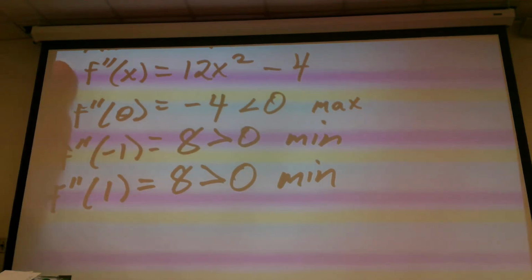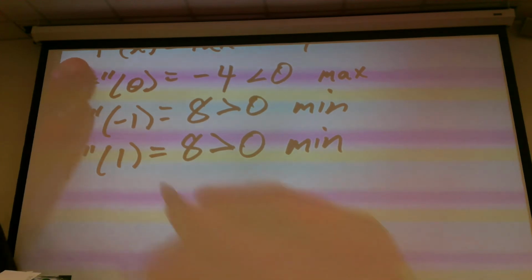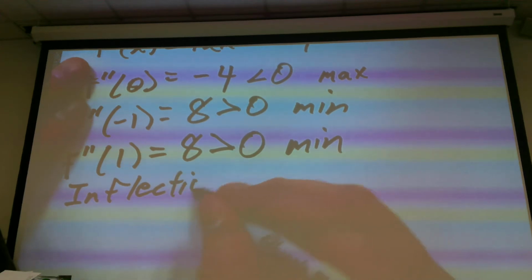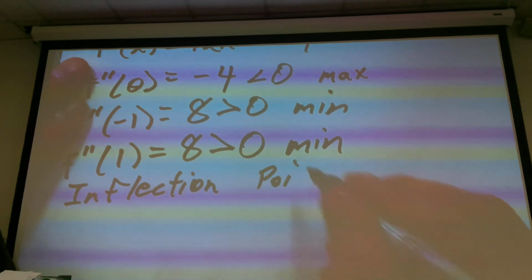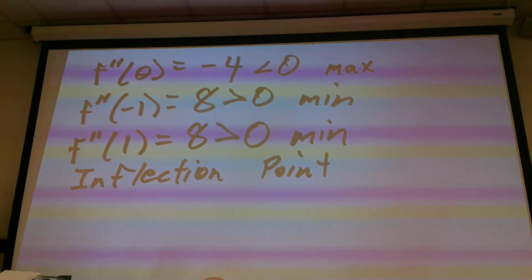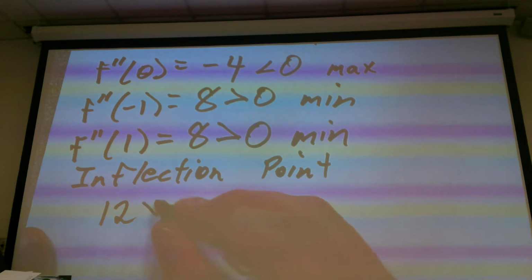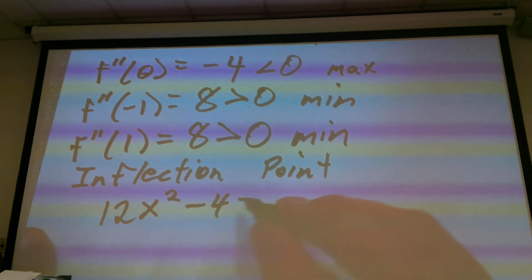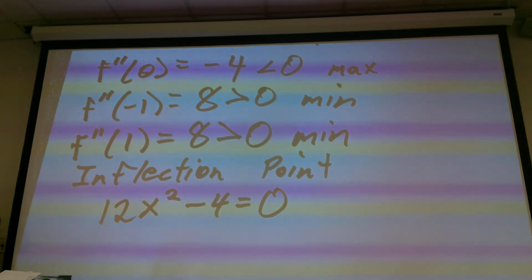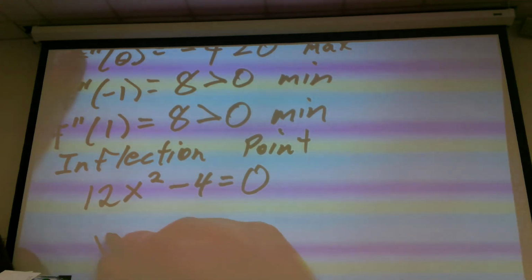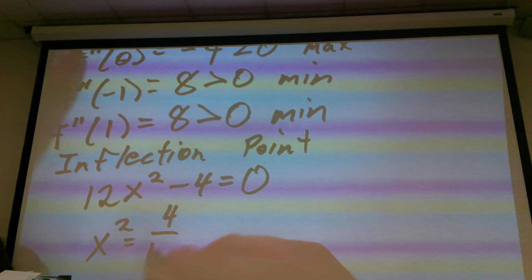And so the next question is, okay, what's the inflection point? So we simplify this, we get that x squared is going to equal 4 divided by 12, and that can be simplified as 1 divided by 3.